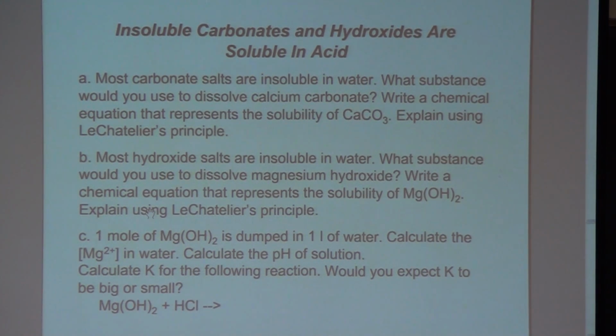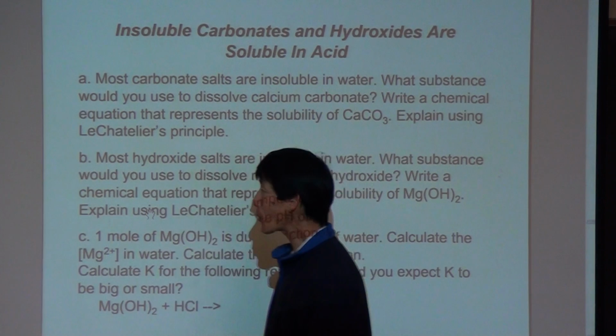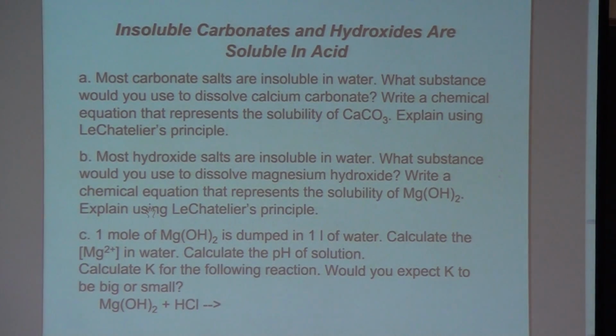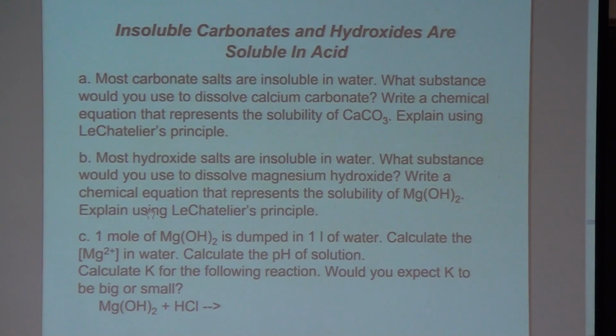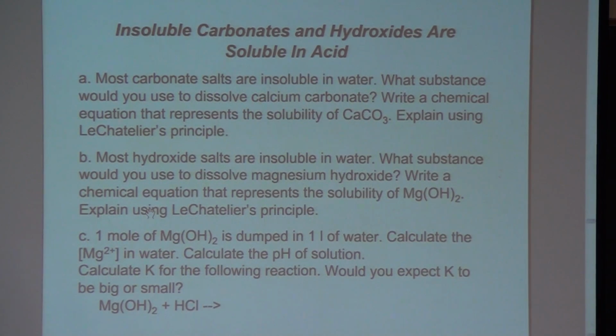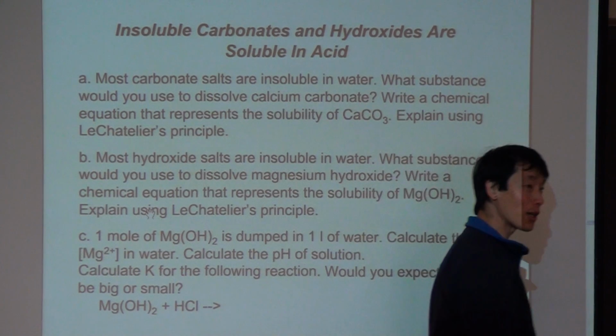Okay, so we can answer question B in one of two ways. In the first way, we can draw or write an equation which represents the solubility equilibrium just like we did here. So would someone like to come to the chalkboard and write the equation for magnesium hydroxide on the chalkboard?